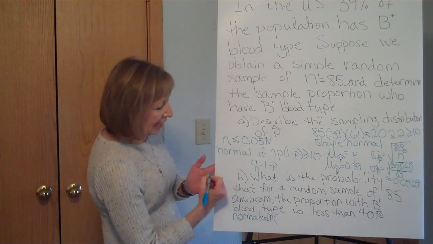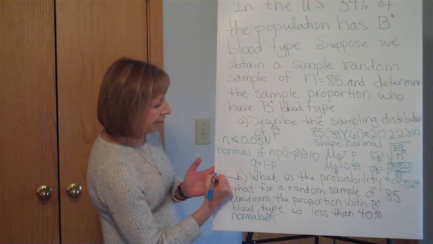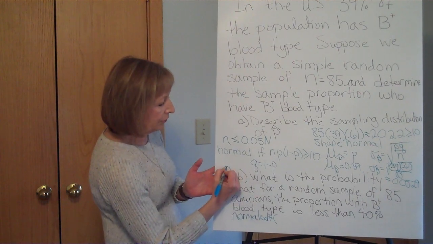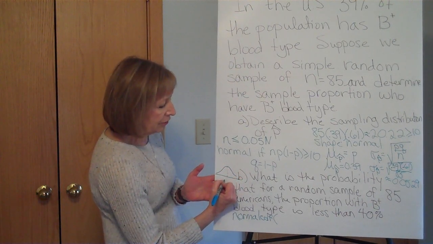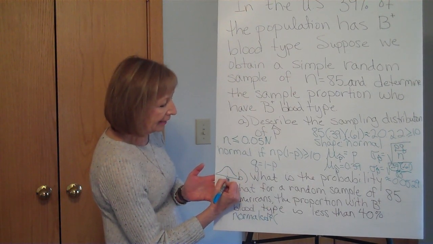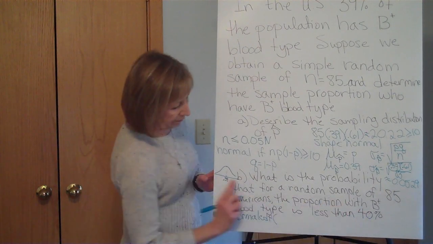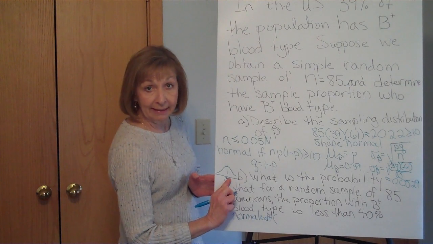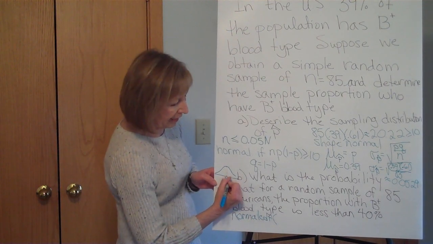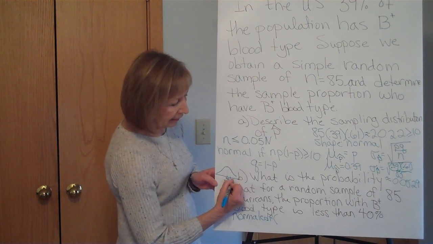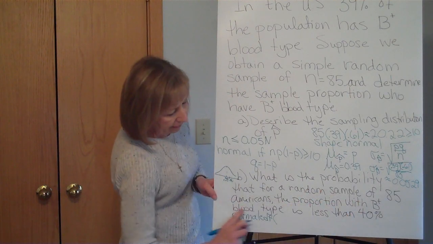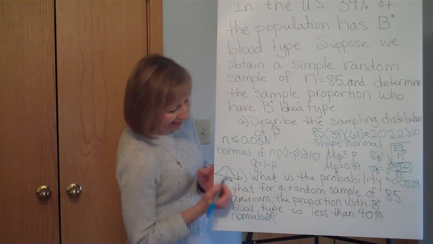of, and we can think about the picture for this. It's a normal distribution. The center is 0.39, right? Okay, and we want less than 40%. Well, 0.4 is just a little bit to the right of 0.39 on the number line, and we want less than that.